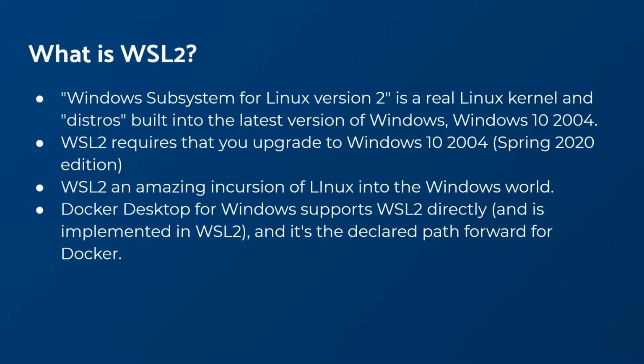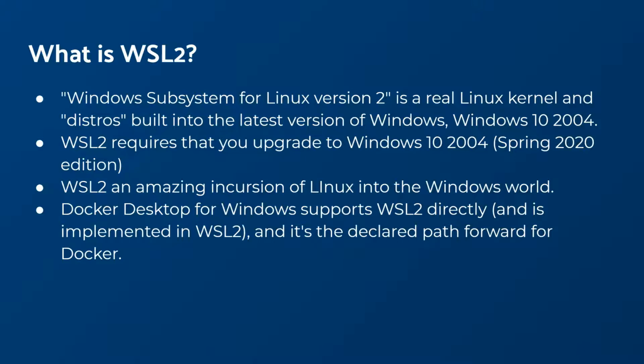Okay, so what is WSL2? As I said, it's the Windows Subsystem for Linux, version 2. It's a real Linux kernel and distributions built into the latest version of Windows that just came out this past spring. It's called the Spring 2004 edition. You do have to have that Spring 2020 or Windows 10 2004 edition to run it.